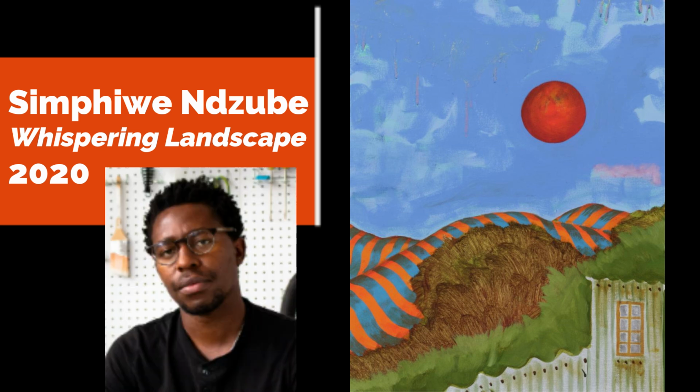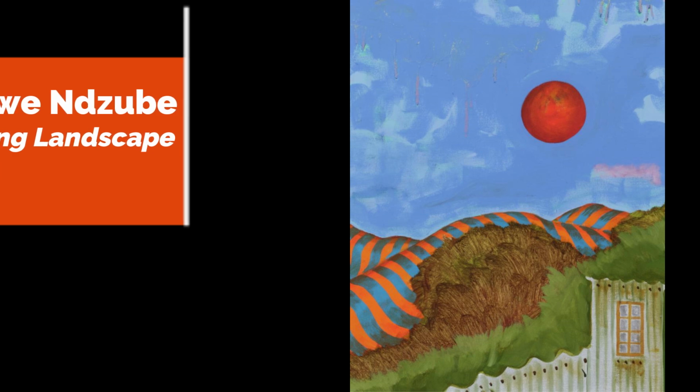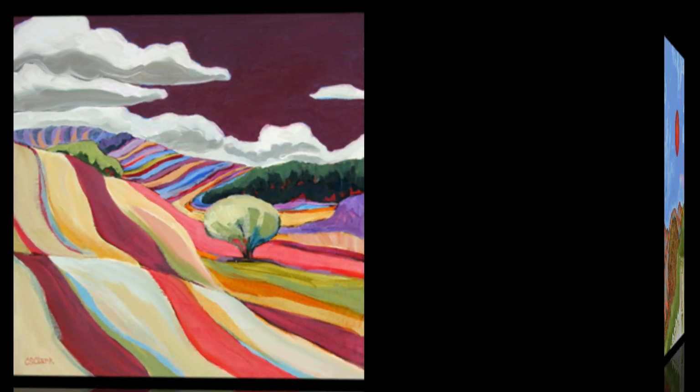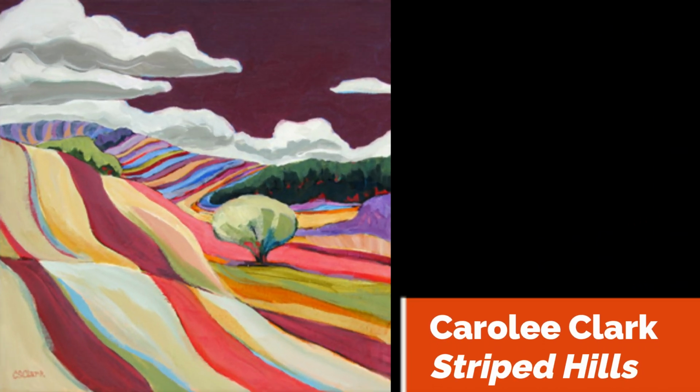How does Simphiwe Ndzube create depth in this painting? Pause to discuss. Here is another landscape by Carolee Clark entitled Striped Hills. How does Carolee Clark create depth in this painting? Pause to discuss.